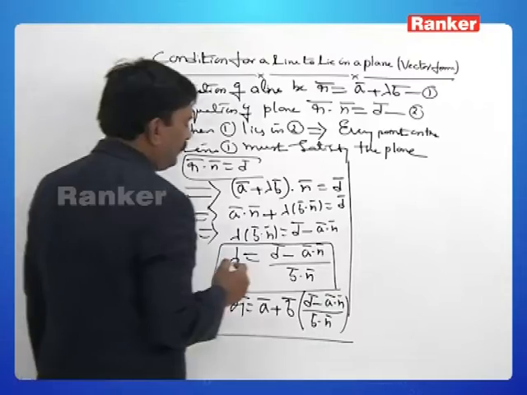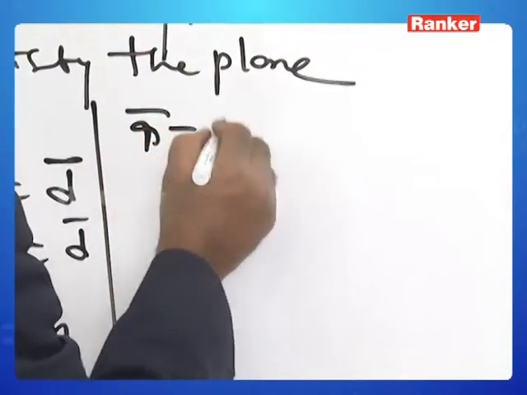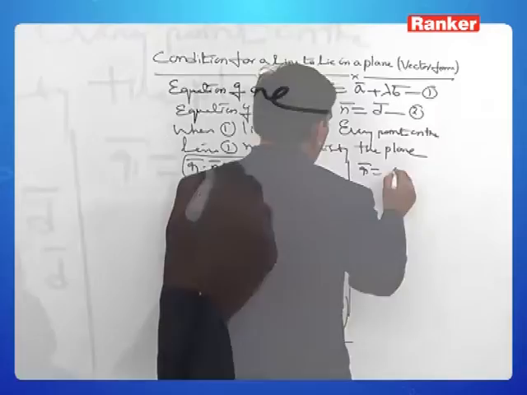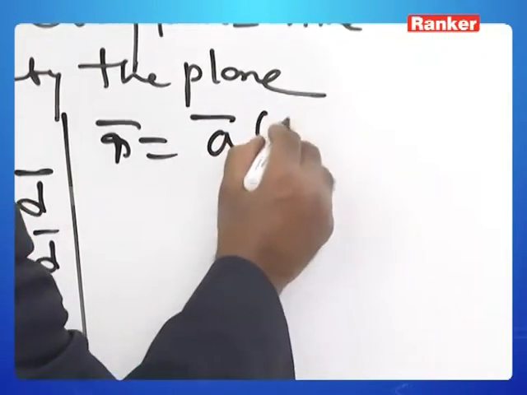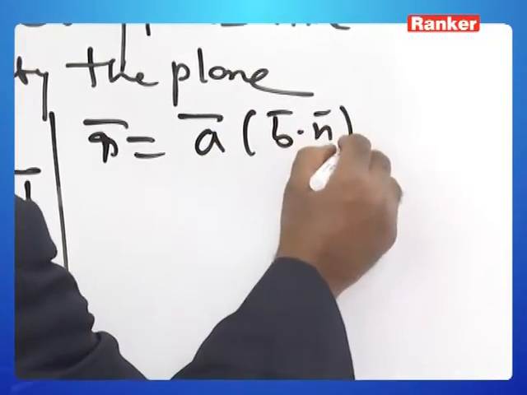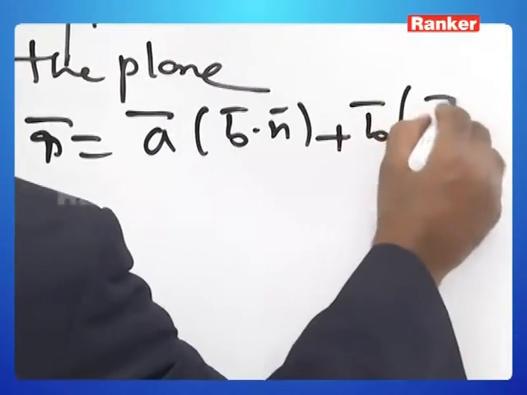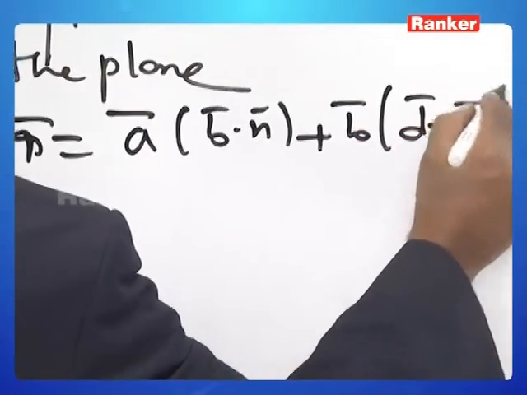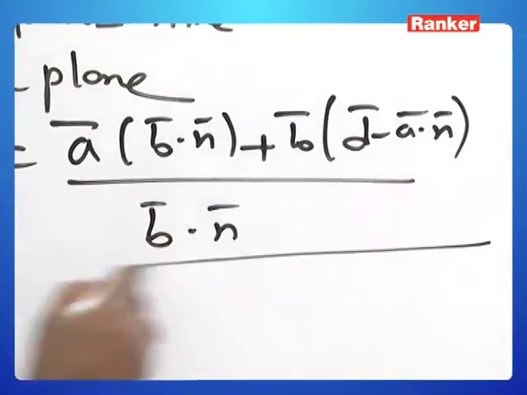Now what I can write is r bar is equal to a bar into b bar dot n bar plus b bar into (d minus a bar dot n bar), whole divided by b bar dot n bar.